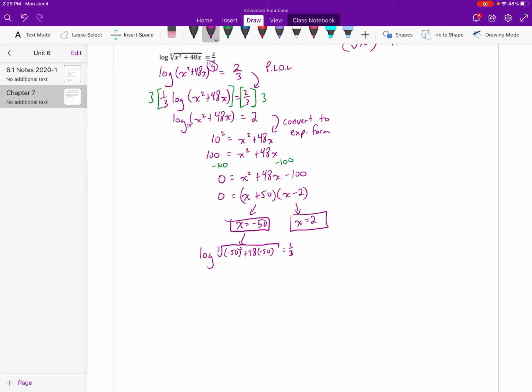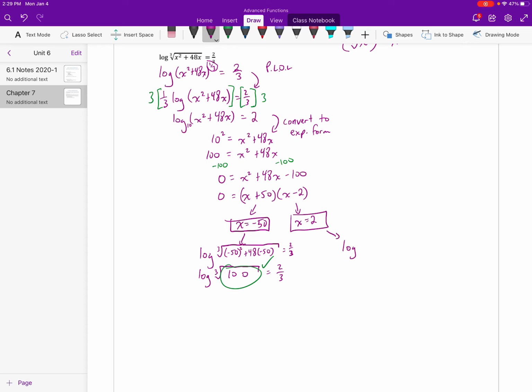If we do negative 50 squared plus 48 times negative 50, we end up with log of the cubic root of 100 equals 2 over 3. I actually have no problem with this. Notice that that's positive, so the cubic root is going to be positive as well. We're in a good place. So no problem with the negative 50. So positive 2 must be the imposter.